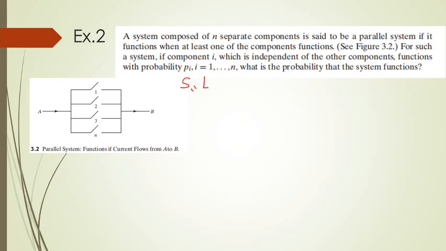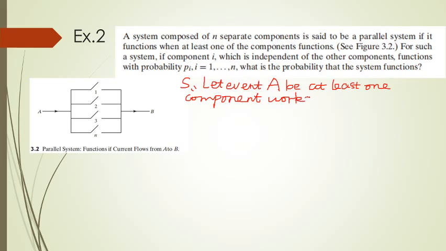So let event A, we can write it in this way. Let event A be at least one component works. So how can we find the probability of A?